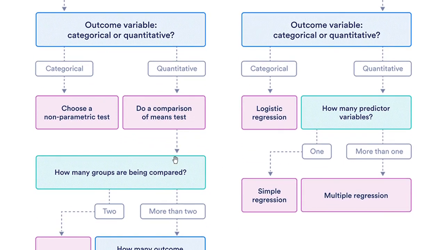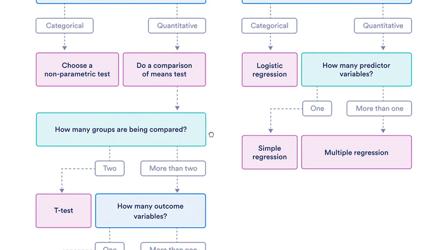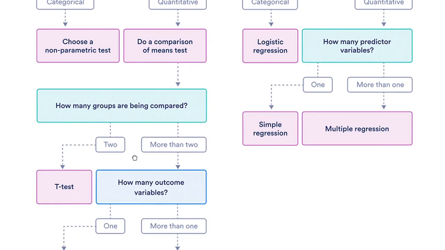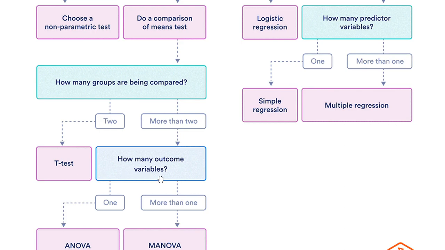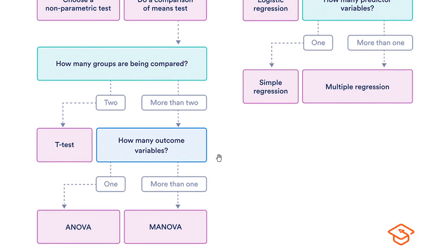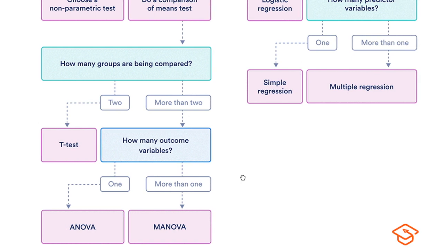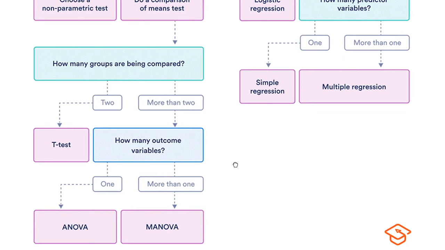In that, I should identify how many groups I need to compare. If there are only two groups, I should go for a t-test. Otherwise, I should go for a test for more than two groups. If I have only one independent variable, I may use one-way ANOVA. If more than one, I may use MANOVA or two-way ANOVA. This is what I should do.